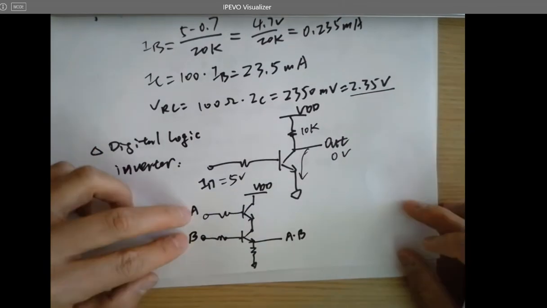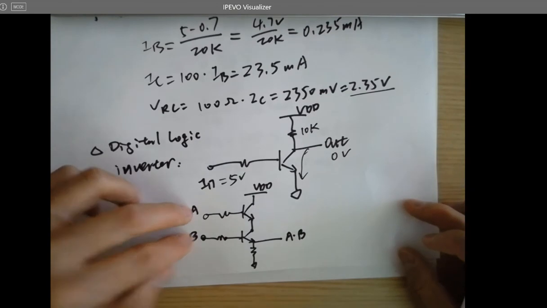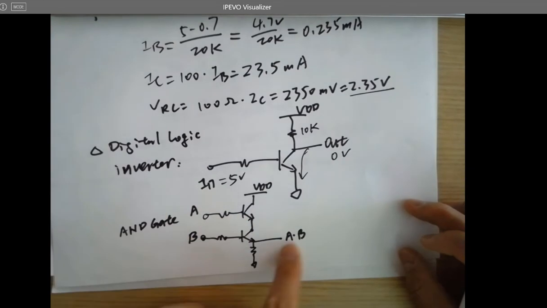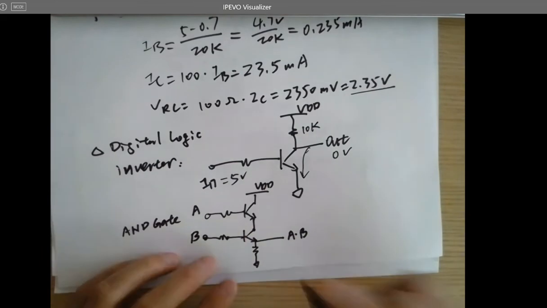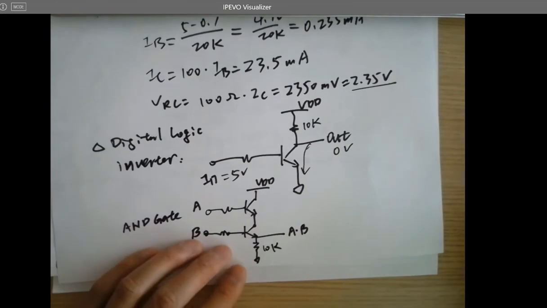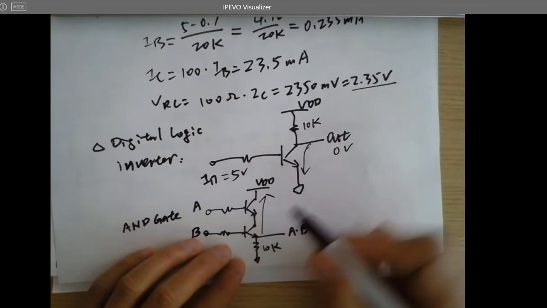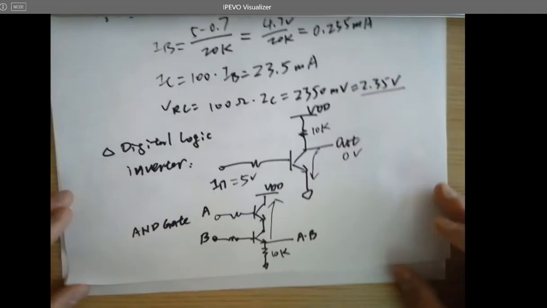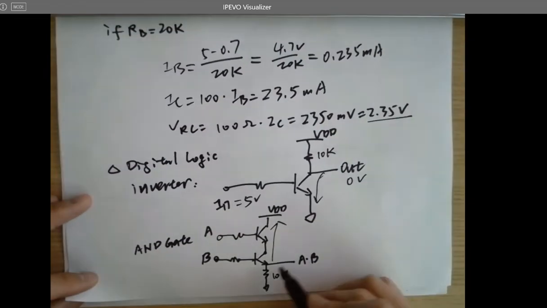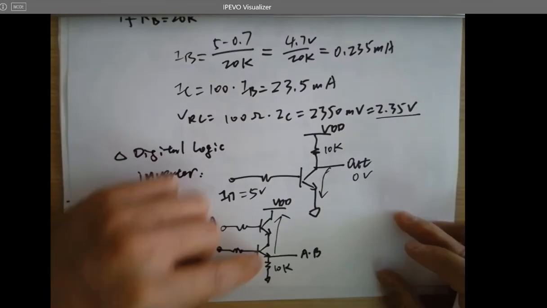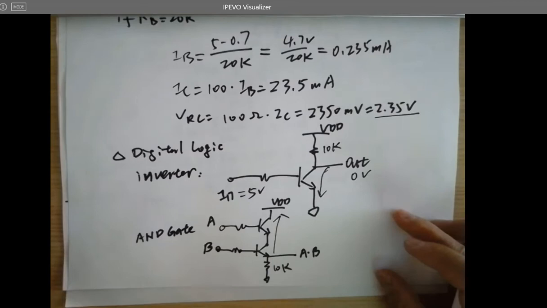A and B have to be both high to turn on this channel. So VB will be high. This is a pull down resistor, 10K. It will be pulled up to VDD if both A and B are high. Otherwise, it's going to be 0. It's being pulled down by this 10K. Because no current, no voltage drop, right? It's 0.